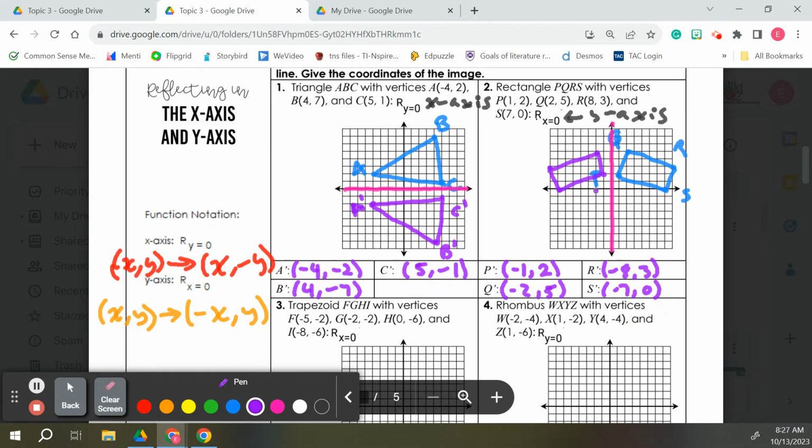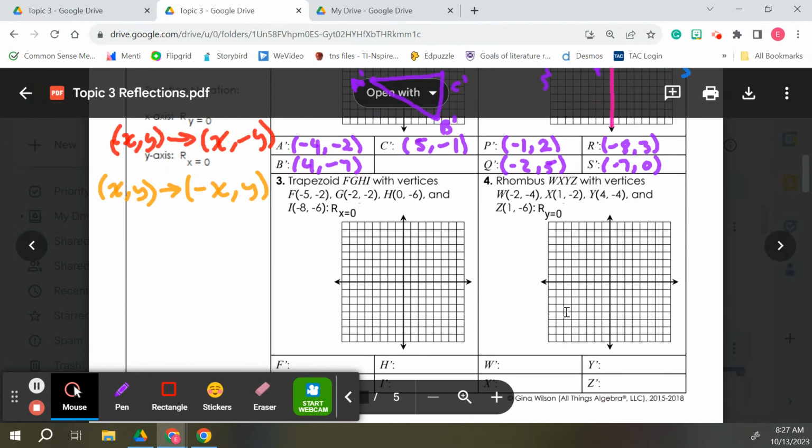This should go P prime, Q prime, R prime, S prime. Any questions so far? Try these next two on your own. You don't necessarily have to plot the first one, but I would like to see you plot the second one. Okay, go ahead.